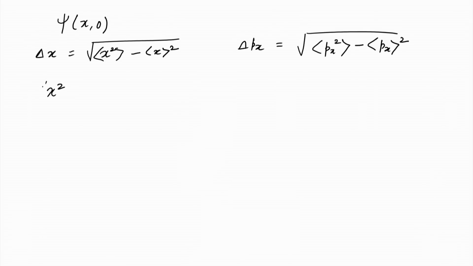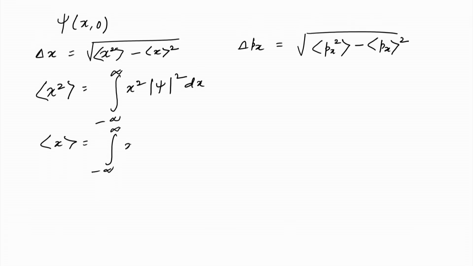So, x square can be found from the wave function, which is the integral of x square times psi mod square from minus infinity to plus infinity dx, which should give me the expectation value of x square, whereas the expectation value of x is equal to the same thing with x psi mod square dx.